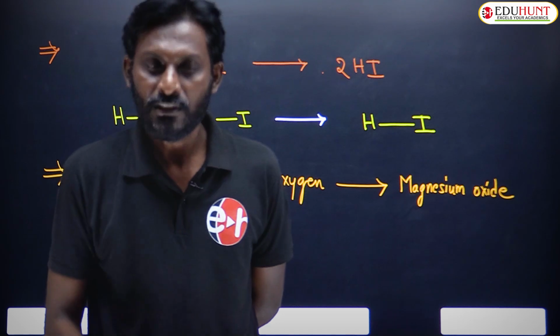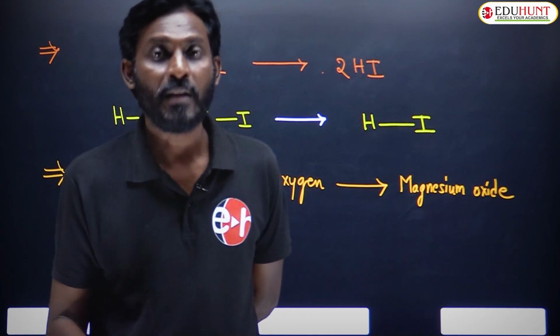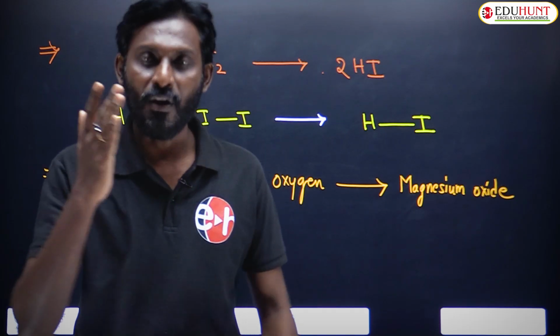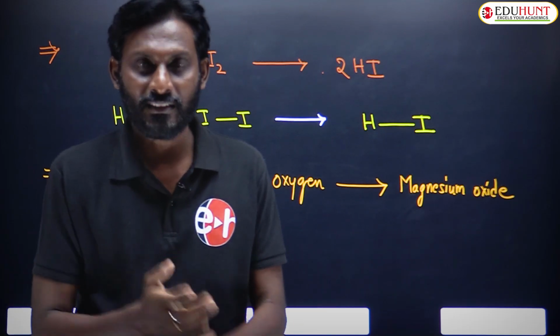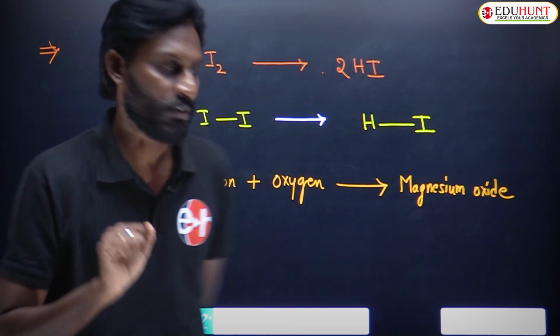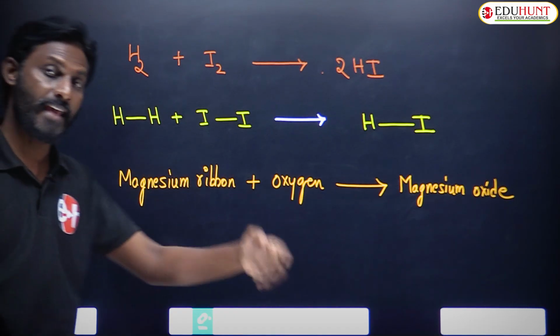So these are the characteristics of a chemical reaction we can observe. But what we can't observe with the naked eye is the bond breaking, bond making, the micro level things happening between the chemical species.